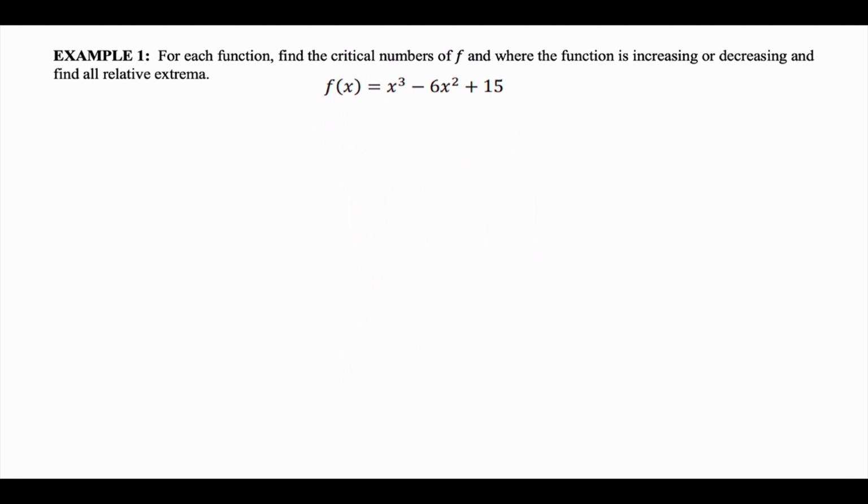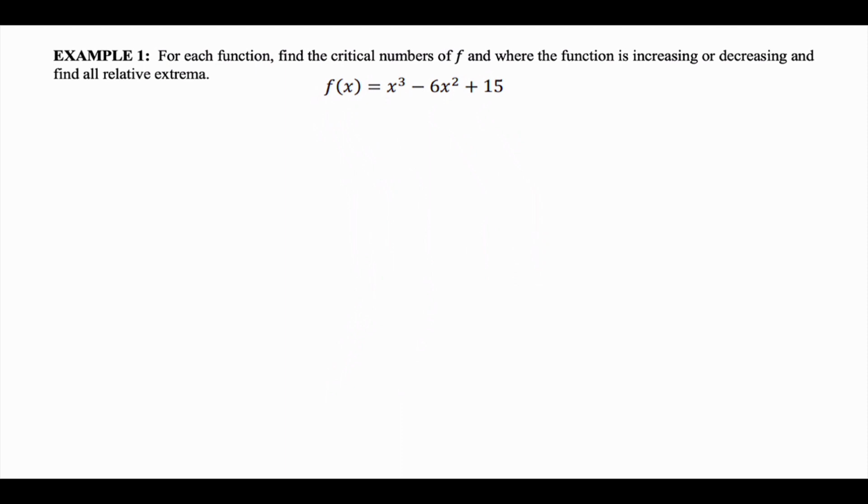For this one, I have to find the critical numbers, where the derivative is equal to 0. Then I use that to figure out where the function is increasing and decreasing. And at those spots, that's where relative maximums and minimums will be.